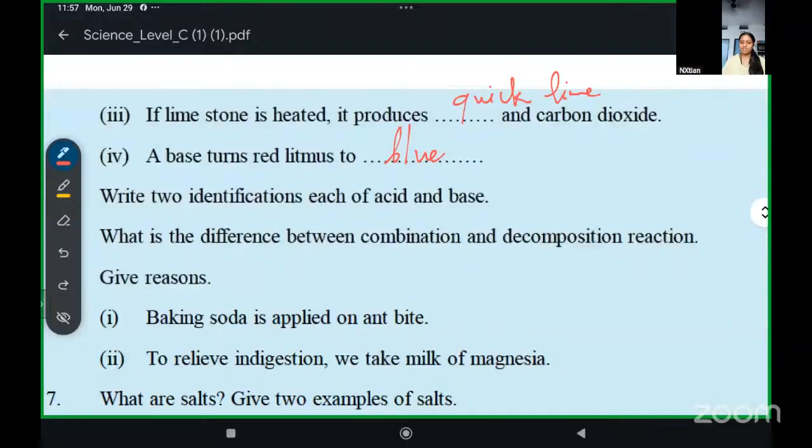Let's start with acid. Can Johanna tell me a property of an acid? Any one property? Acids are sour in taste. Yes, Johanna, good. That's right. Acids are sour in taste. Can Eva tell me one property of an acid?